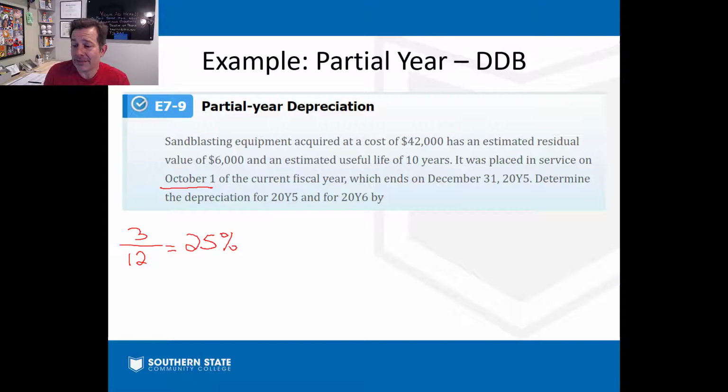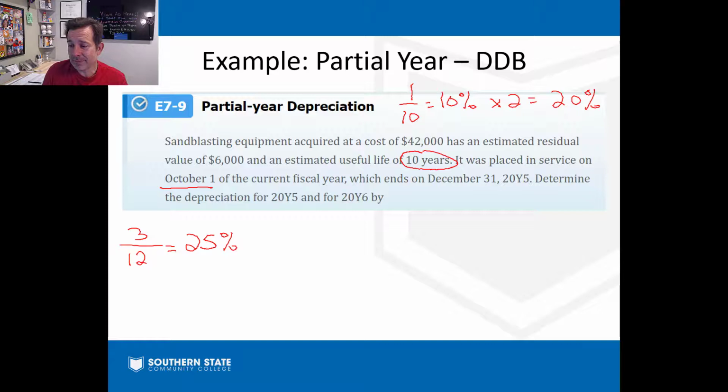So DDB, we need to double the straight line rate. Useful life of 10 years, 1 over 10, be 10%. We double it. We multiply that by 2, we get a rate of 20%.